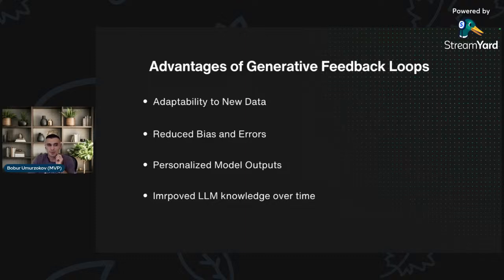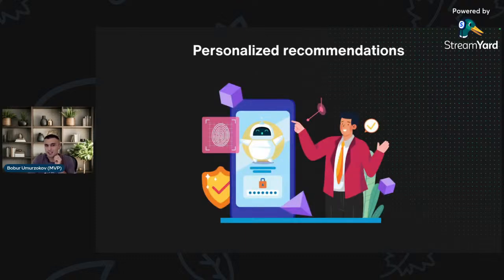A good example can be recommendation solutions in action for GFL. As you can see, AI might suggest some products to the users. For example, on the Amazon website, when you go in, you can see on the top some suggestions based on your browsing history, clicks or purchases.